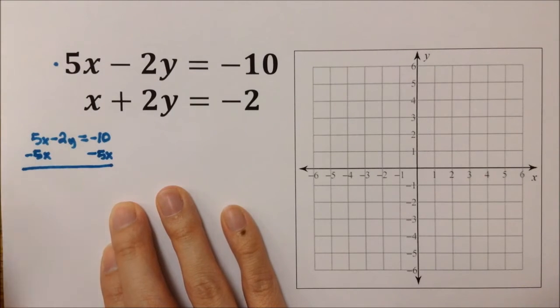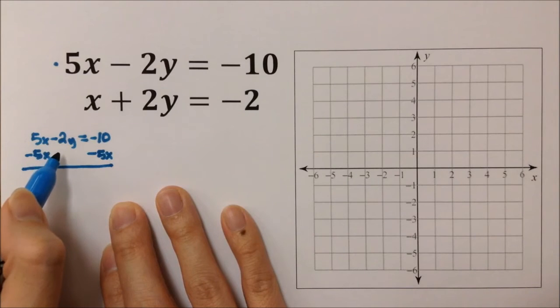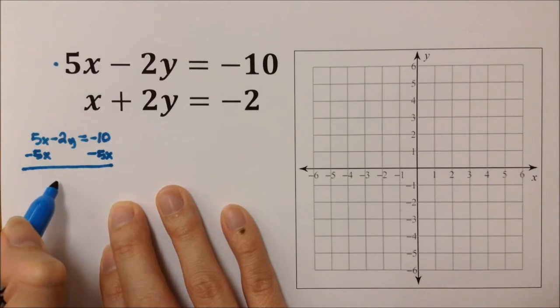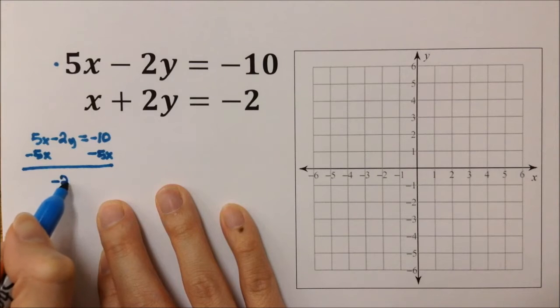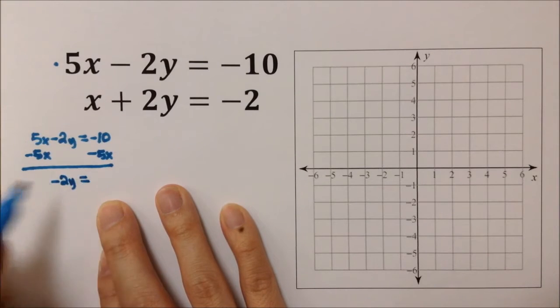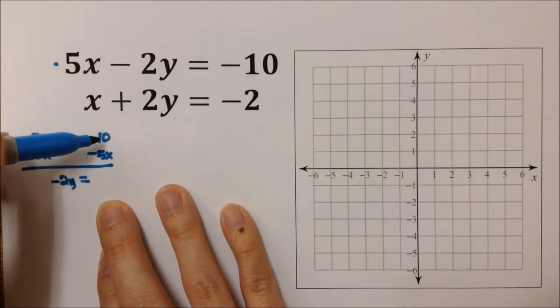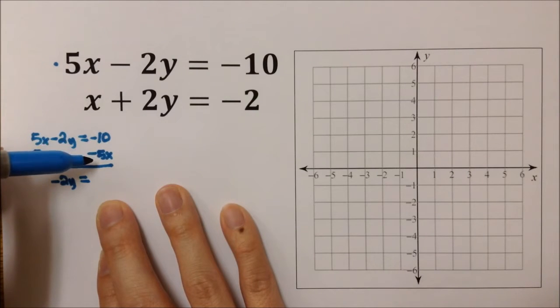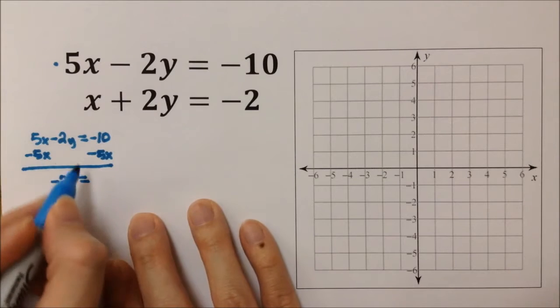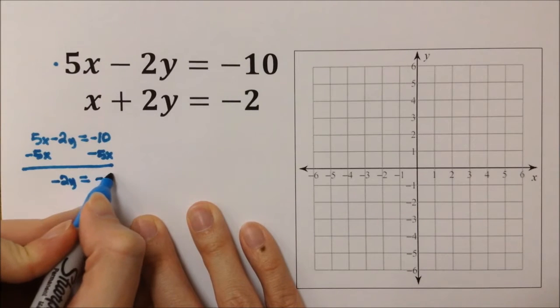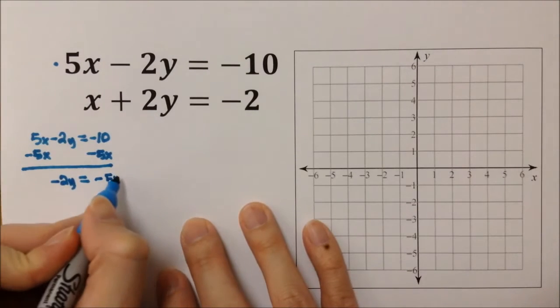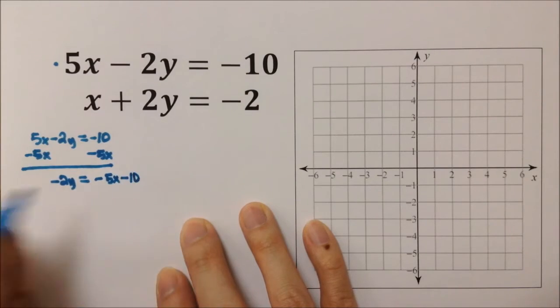So the 5x cancel out, and all I have is just negative 2y on the left side equal to negative 10 and negative 5x. They cannot be combined because this is a number and this is a variable, so it's simply going to be written as negative 5x minus 10.